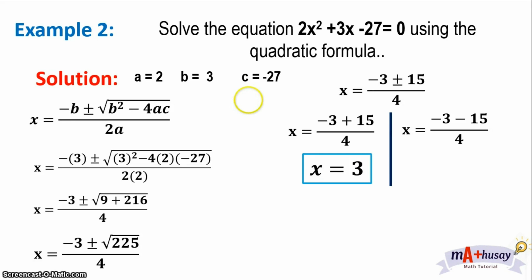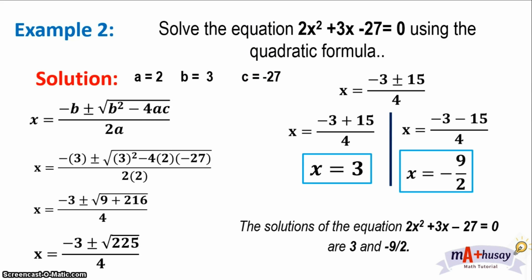We know that it is negative 18 all over 4, but we can still simplify this one into x is equal to negative 9 over 2. Therefore, the solutions of the equation 2x squared plus 3x minus 27 equals 0 are 3 and negative 9 over 2.